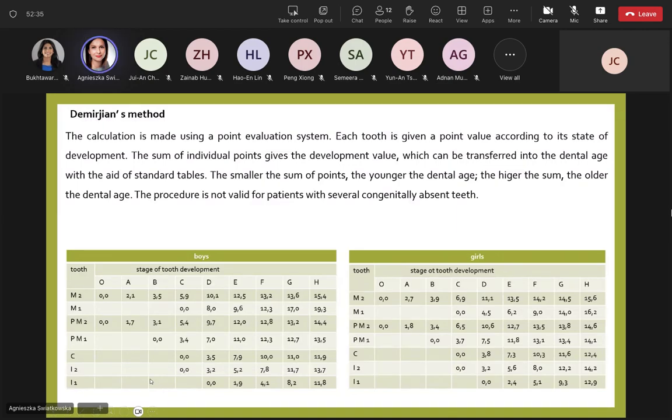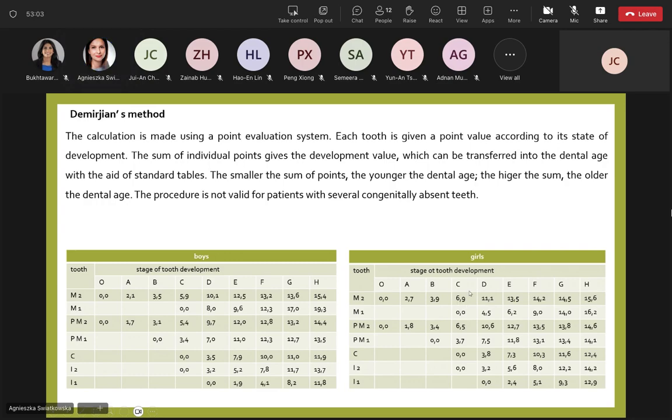We have no information about this. But, for example, for a lower premolar in stage B, we have this value for this stage for boys. The same value will be for girls. For example, for the second molar in stage C, we have this value, and this will be the value for girls.